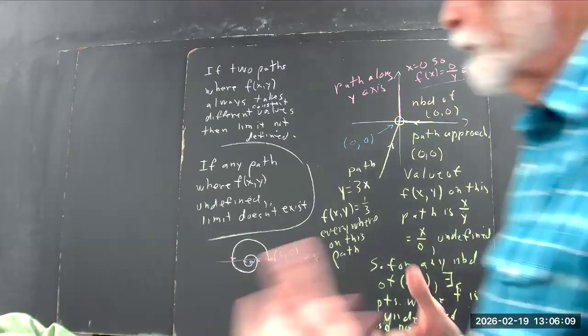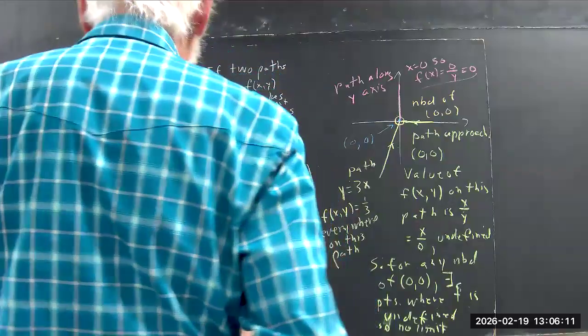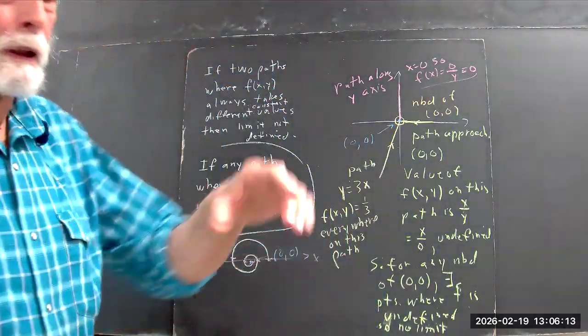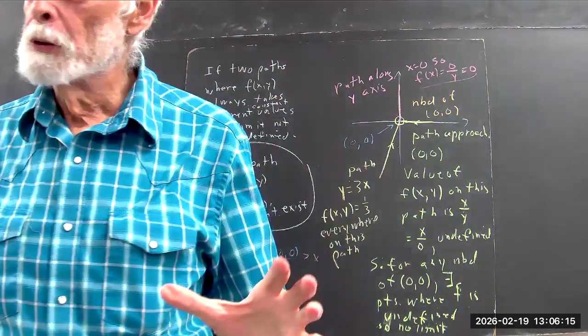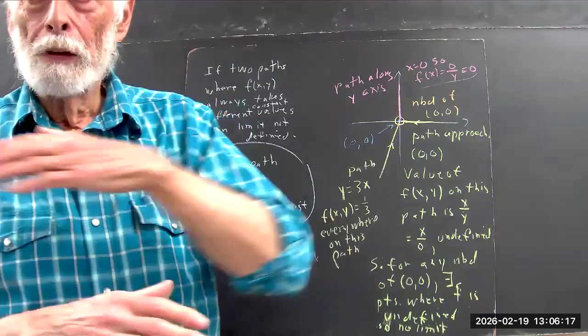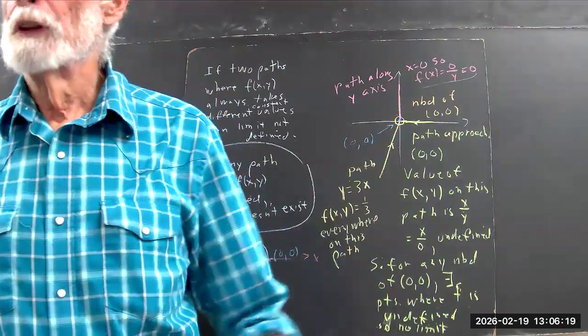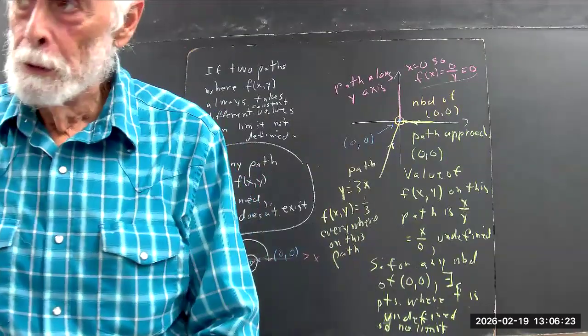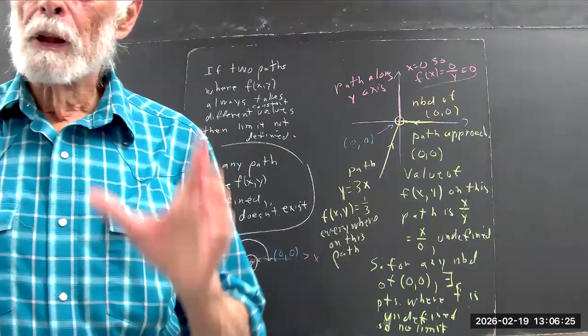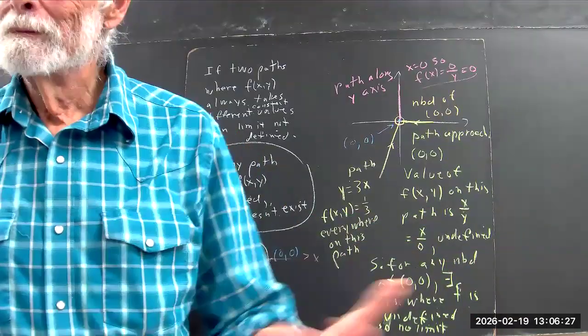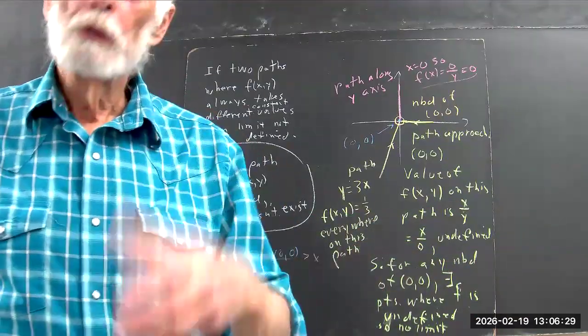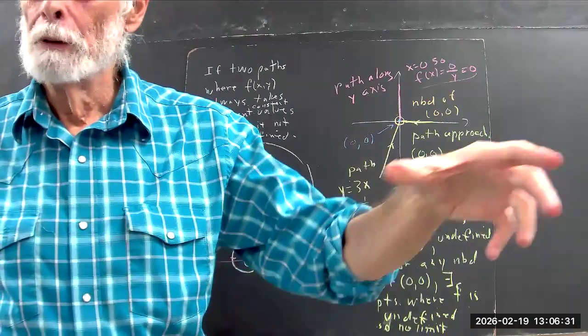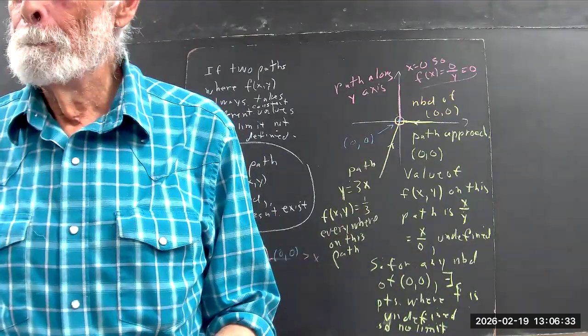Okay, so we've touched on the ideas of domain and range. The domain of that x, y over x plus y function cannot include anything on the line y equals negative x, okay? So the domain is restricted because of the restriction that the denominator cannot be zero, okay?